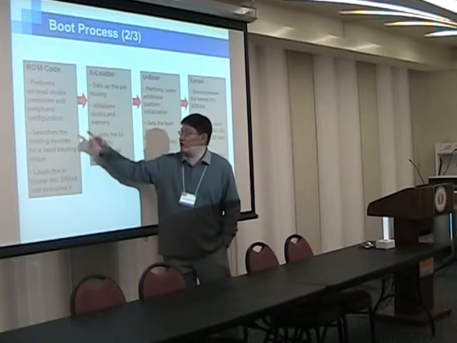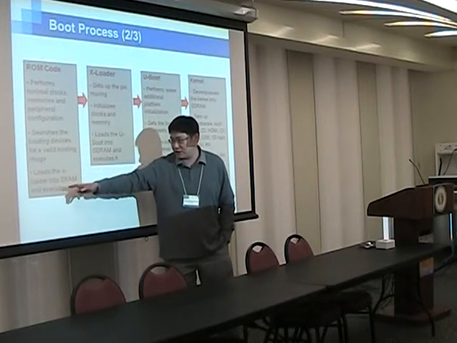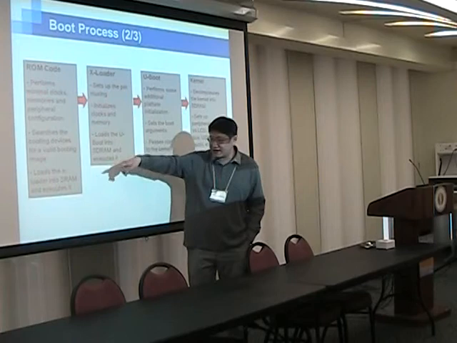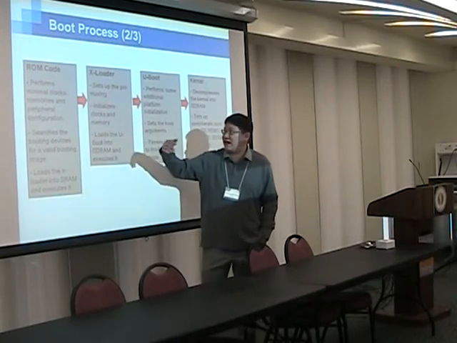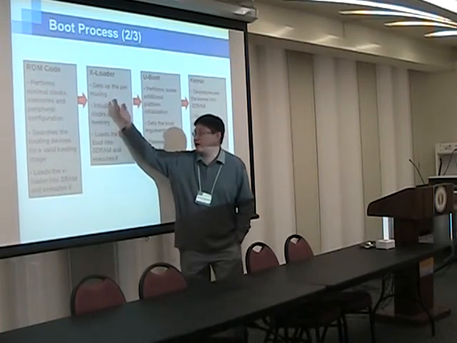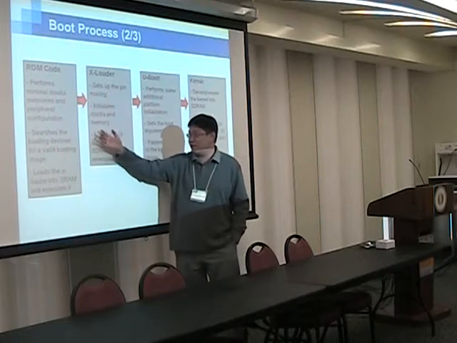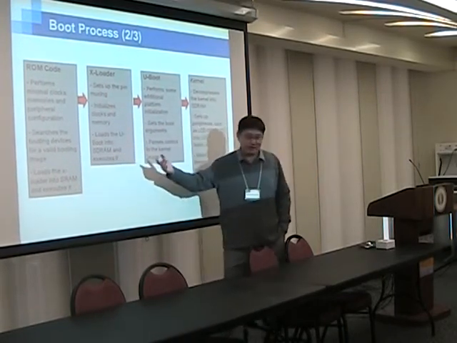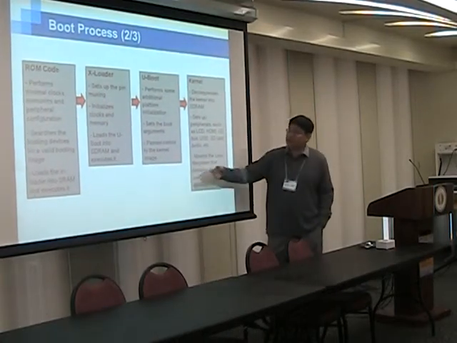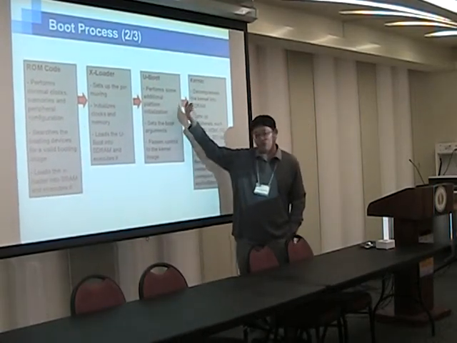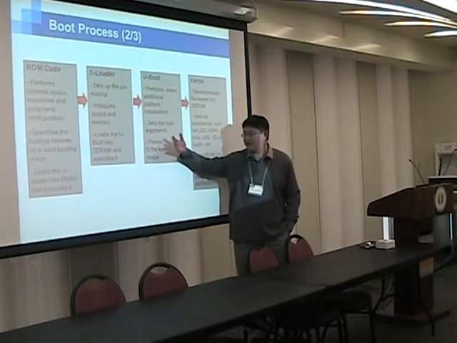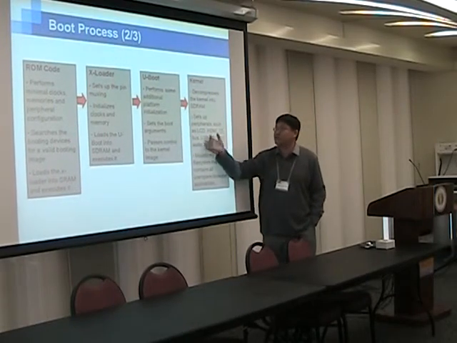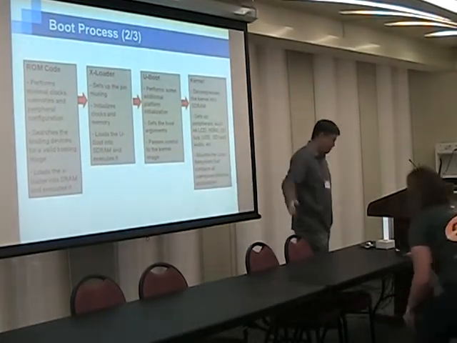Then it loads the next level of bootloader, which is the X-loader, into the SRAM. Then what does the X-loader do? It sets up things, initializes clock and memory, and loads the U-Boot into the SDRAM and executes it. Later it comes to the U-Boot. It will do more things, set up the environment, and eventually load the kernel image. Eventually you'll be loading the kernel.